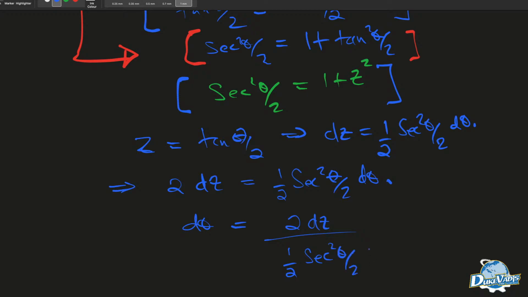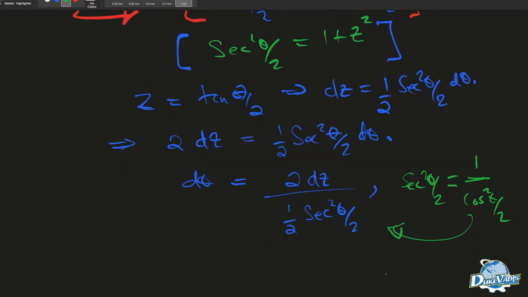Okay, we know that sec squared theta over 2 is equal to 1 over cos squared theta over 2. So therefore we can substitute this in here.